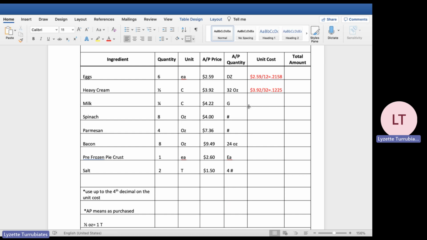So I'm going to take $4.22 and I'm going to divide it by 128 ounces. And that's going to give me 0.0329. Okay.